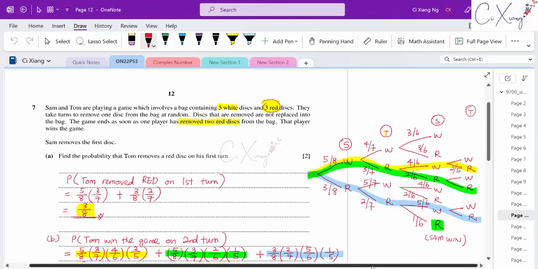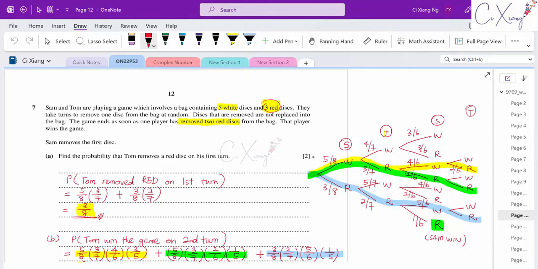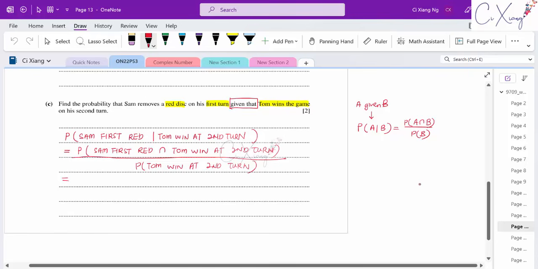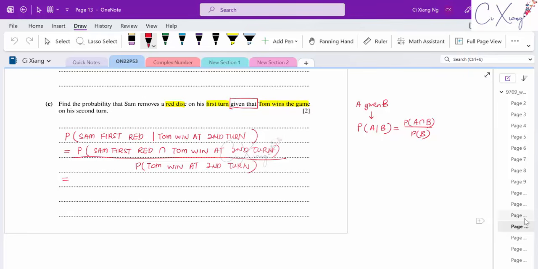Like the pathways that I highlighted just now, basically they are the cases where Tom wins the game. So we are looking for Tom wins the game, and at the same time Sam takes out the first color, which is red. So Sam first is red, intersect with Tom wins at the second turn.